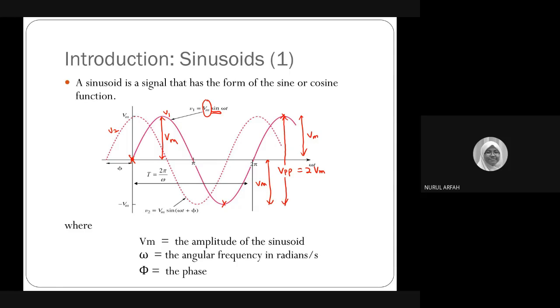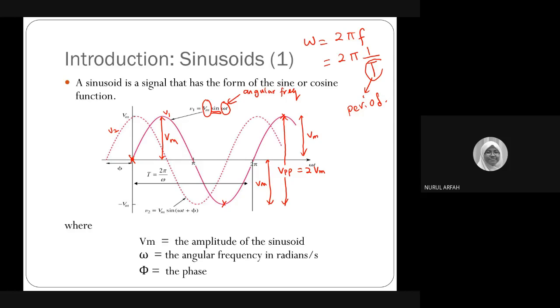Okay, and then what is omega here? Omega is the angular frequency, which is equal to 2 pi f. I think you know this from your math. And then the frequency is equal to 1 over T. But what is T? T is the period.